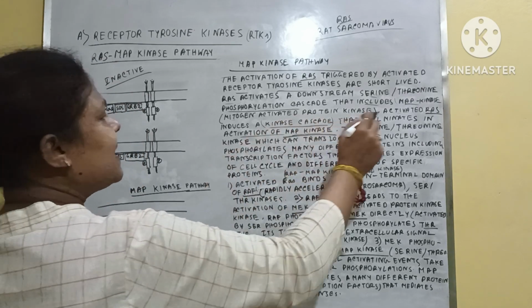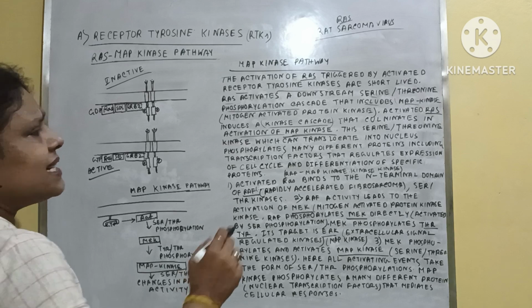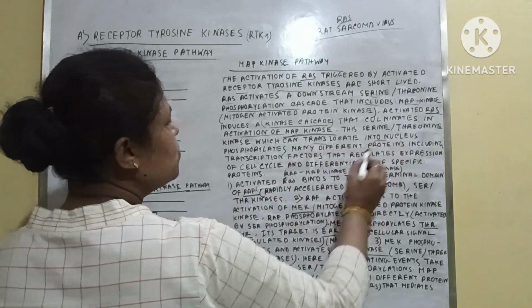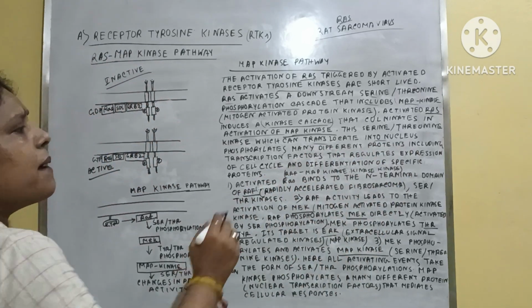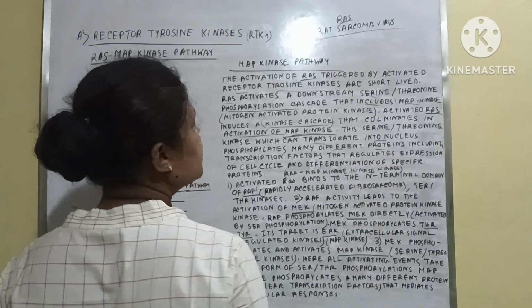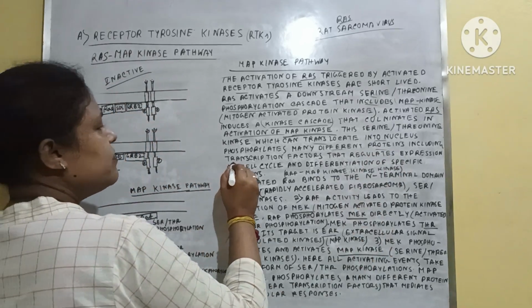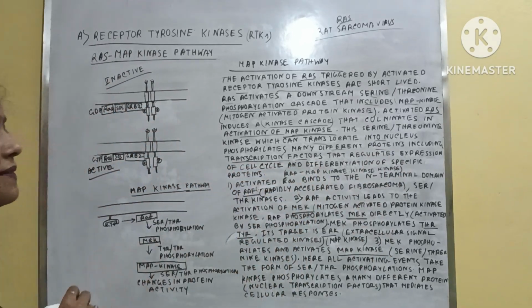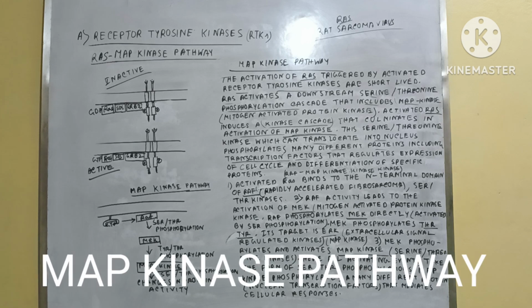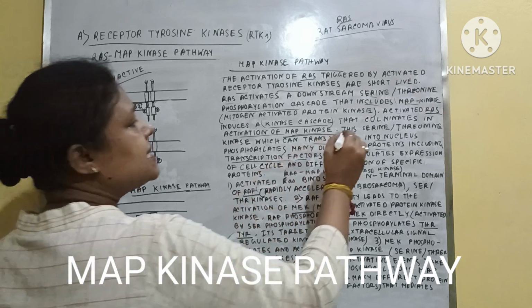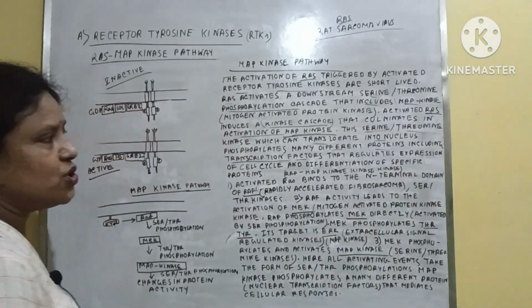So the serine and threonine kinase translocates into the nucleus and phosphorylates many different proteins, including transcription factors. So actually here the main role is seen in serine threonine phosphorylation.